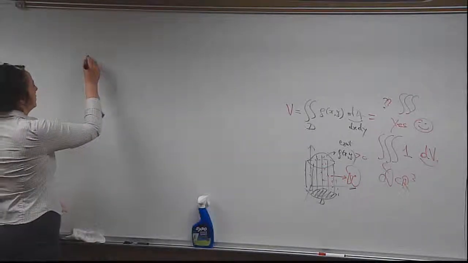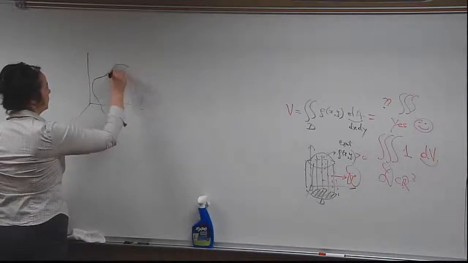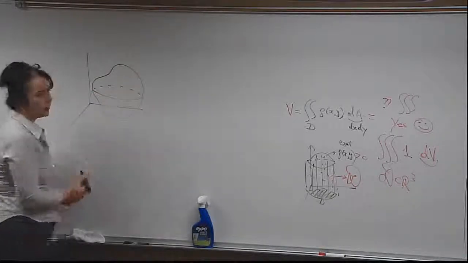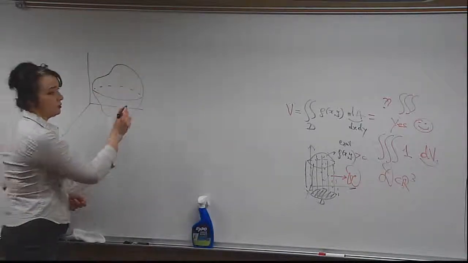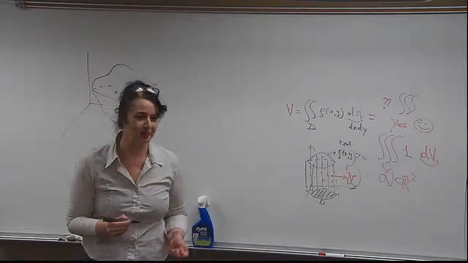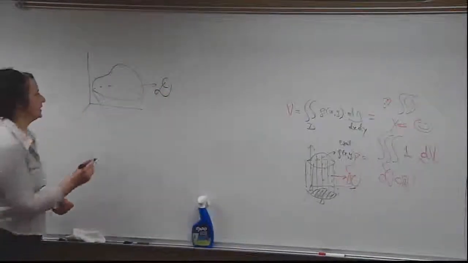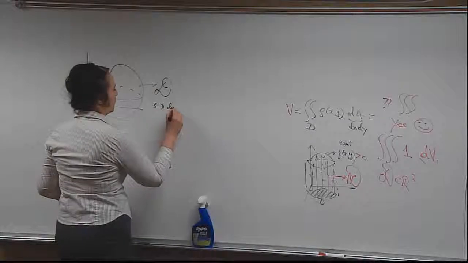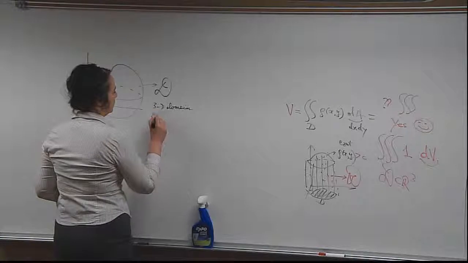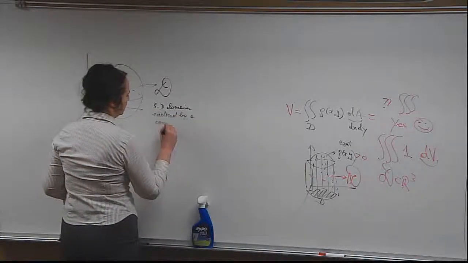So think about some regular surface that's closed, no self-intersections, and that is a potato. Let's call it P from potato. No, because I'm going to use P for the partition. So let me call it D from 3D domain. This is a three-dimensional domain enclosed by a compact surface.